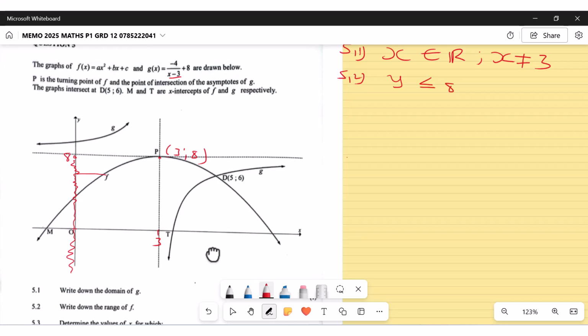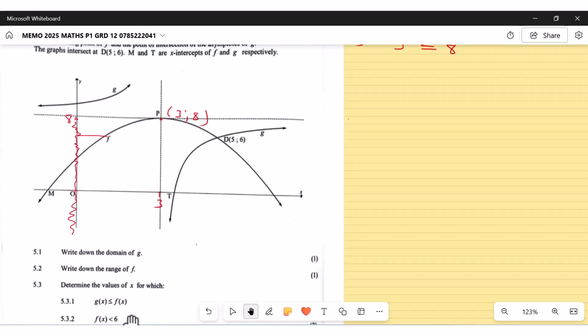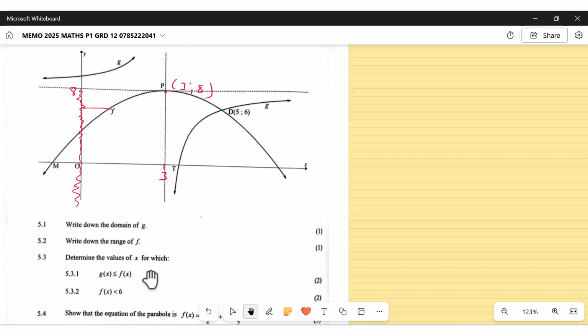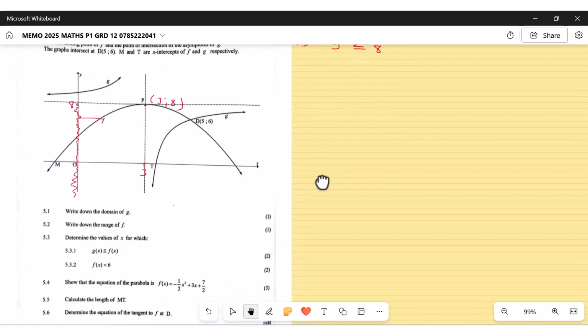Then they say next, determine the values of x for which g of x is less than or equal to f of x. Now, this is our g of x. Look at these intervals here, guys.